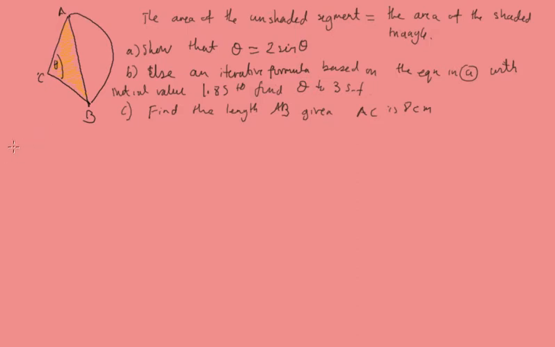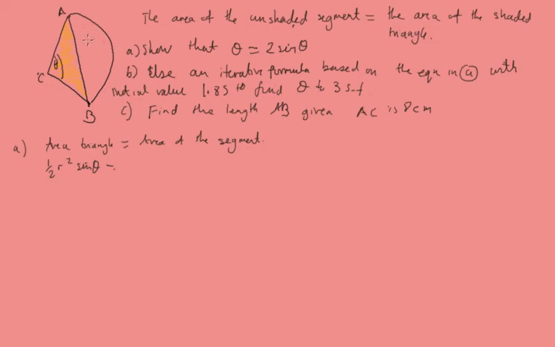So firstly, part A, we know these two areas are equal. So the area of the triangle is equal to the area of the segment. Now we know that the area of a triangle is given by half r squared sine theta.